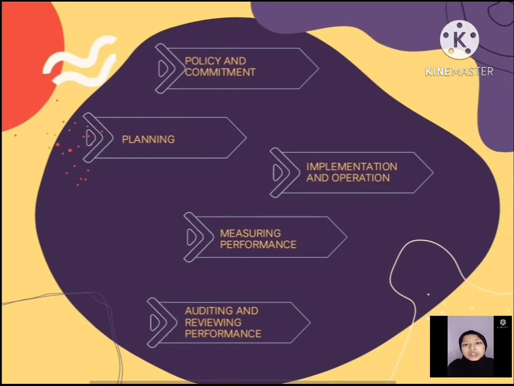Furthermore, measuring performance and auditing and reviewing performance. In measuring performance, the organization should measure where the part should be improved, monitor the hardware and software that they use, and evaluate the safety. Next, in auditing and reviewing, performance is updated, and the safety and the system should be improved from time to time.